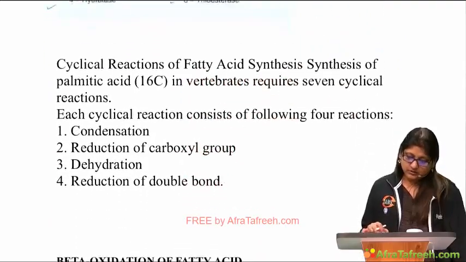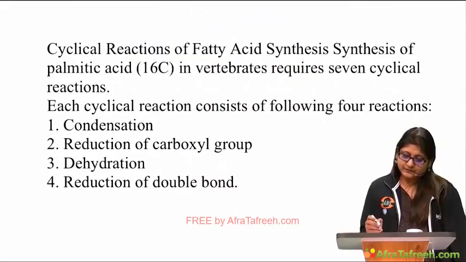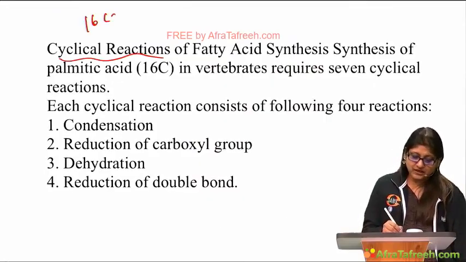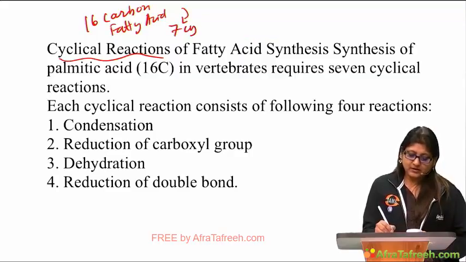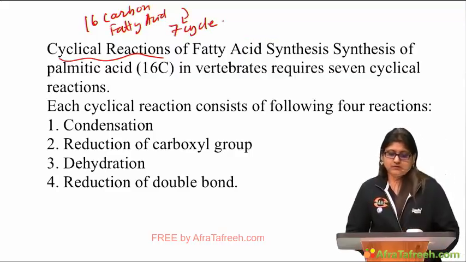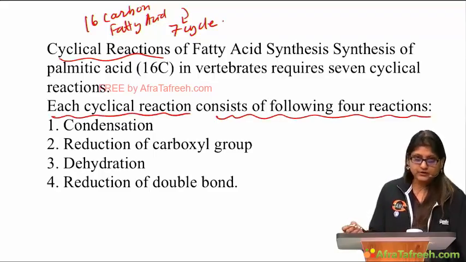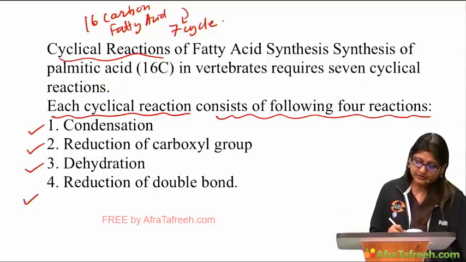Very good. Now, whenever we are talking about synthesis of fatty acid, it's a cyclical process. For making of a 16 carbon fatty acid, you need to have 7 cycles of reaction, and each cycle consists of the following 4 reactions: condensation, then reduction, then dehydration, then reduction of double bond.